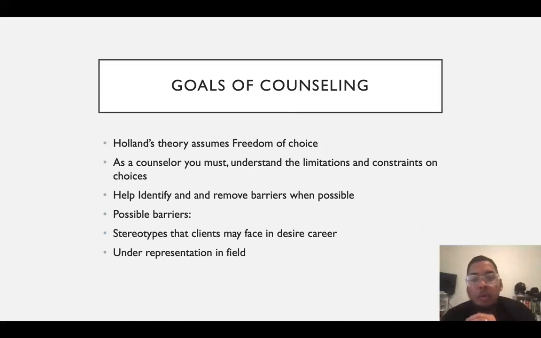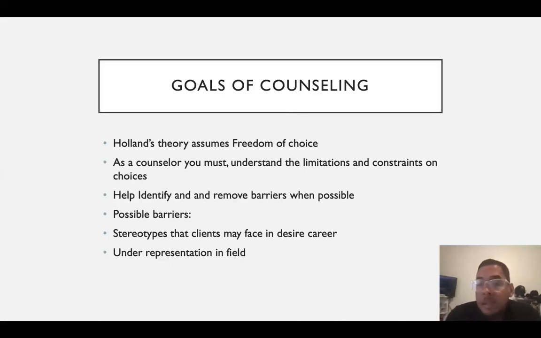All right. So Holland's theory also assumes freedom of choice, and what that means is that you have the choice to choose whichever career you want. But as a counselor, you must understand limitations and constraints on choices. For example, some careers may not have many opportunities, or certain careers have requirements.